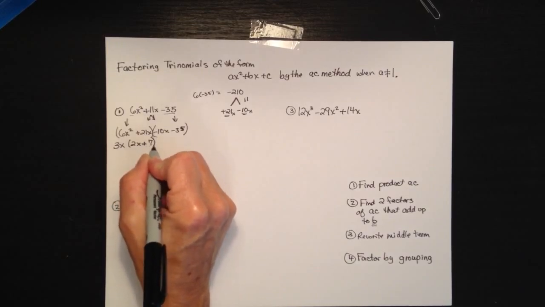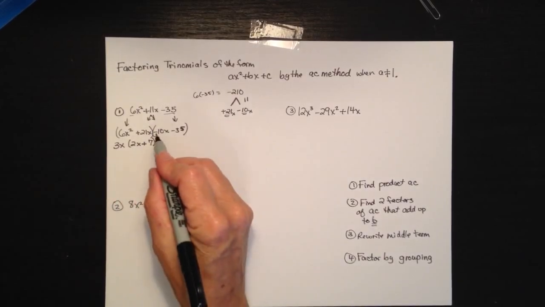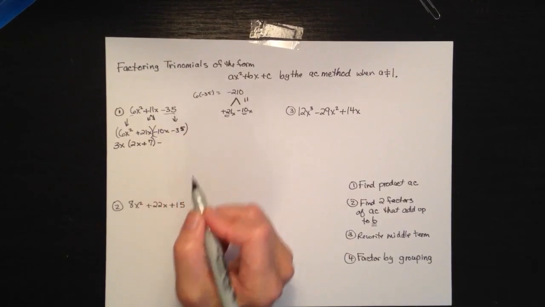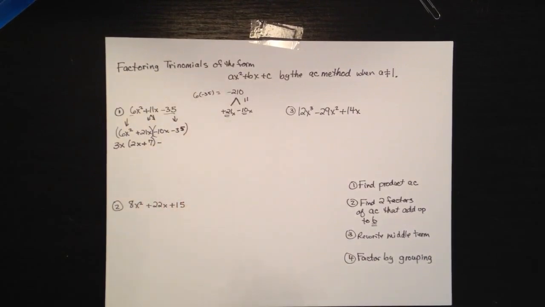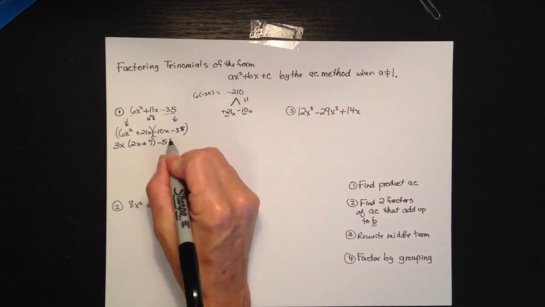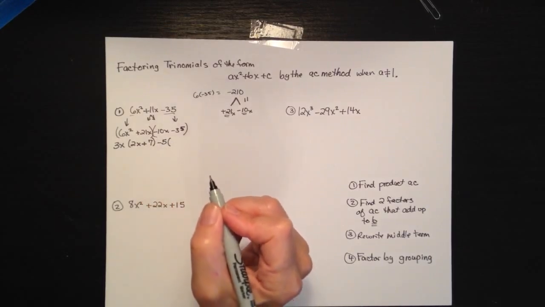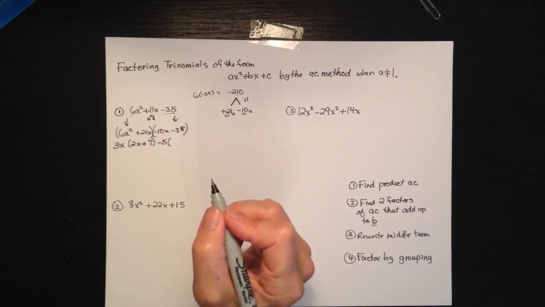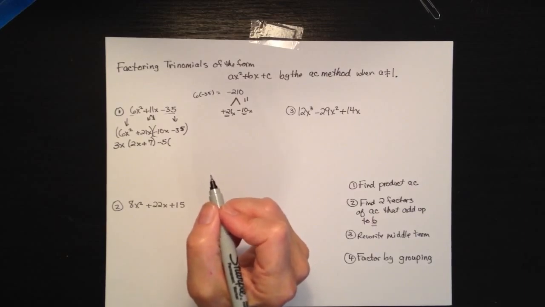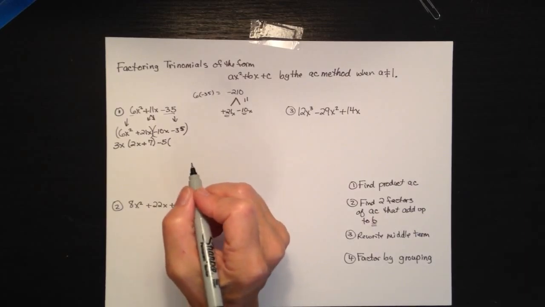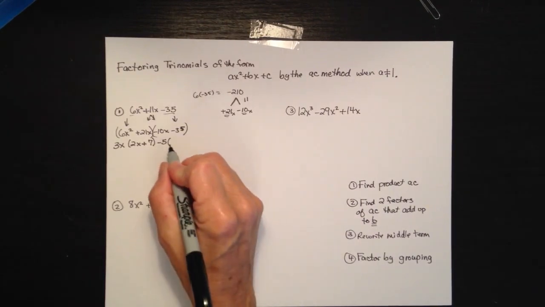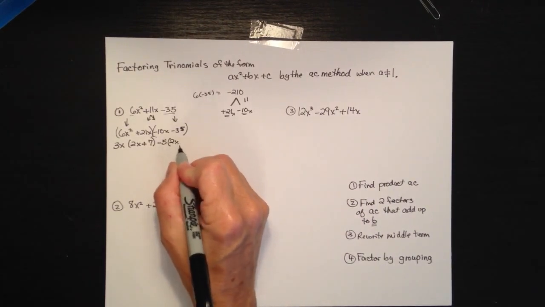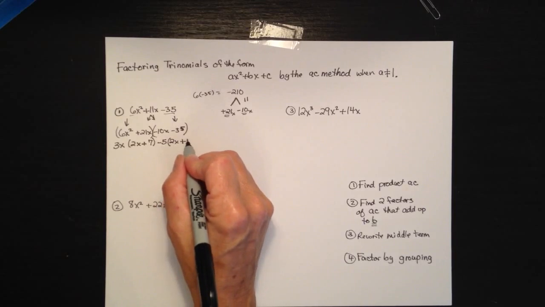Now, if a negative falls right here, we have to factor out the negative plus anything else we could. I see a 5 and a 10 and a 35, so I'm going to pull out a negative 5. When you factor out a negative, it has the effect of reversing the signs inside the parentheses. So if I factor out negative 5 from negative 10x, I'm going to be left with a positive 2x plus 7.